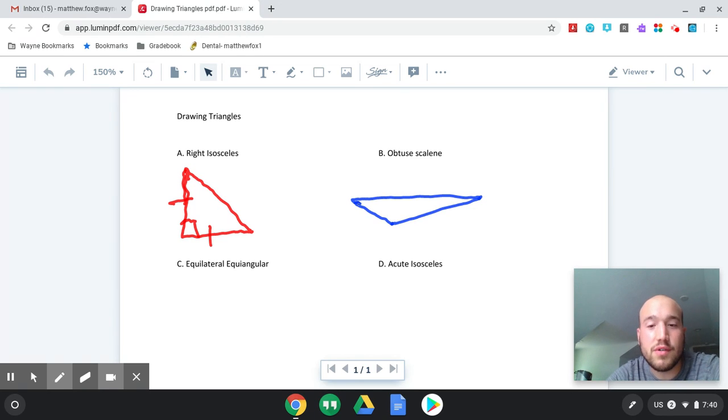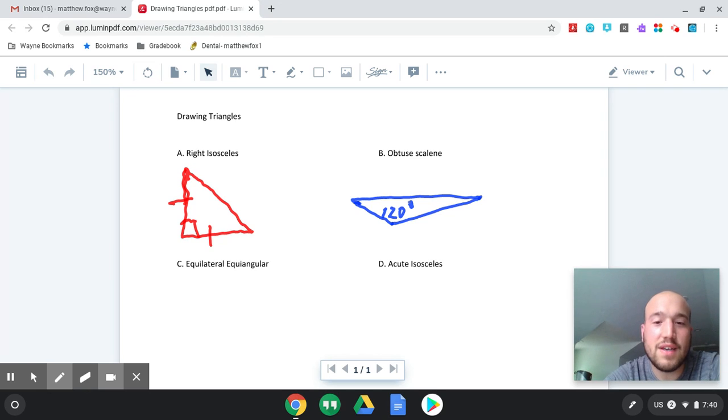Now it's kind of up to you. You could leave it like that. Another option, if you want to make it very obvious that it's obtuse, we could put a label in here, so we know it's more than 90, less than 180. Say I label that 120 degrees. Now there's no doubt at all that it's obtuse.